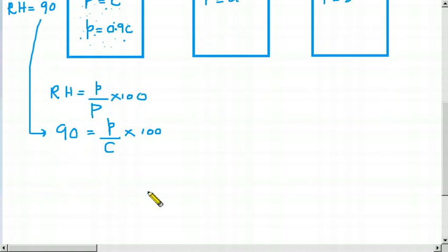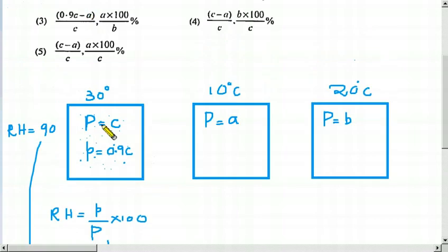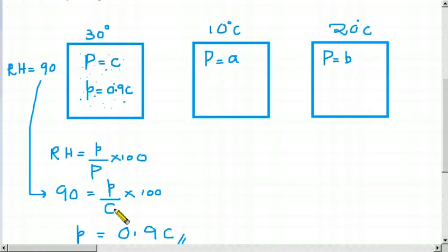So simplify this, what do you get? We get simple P equals 0.9 times C. So that is what I did in my head without writing all these things. So you can write it like this.